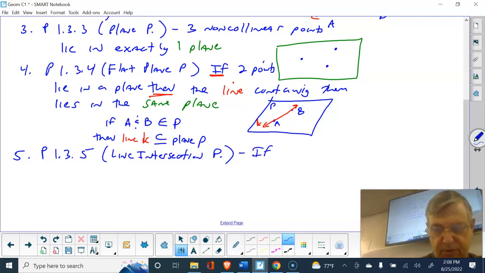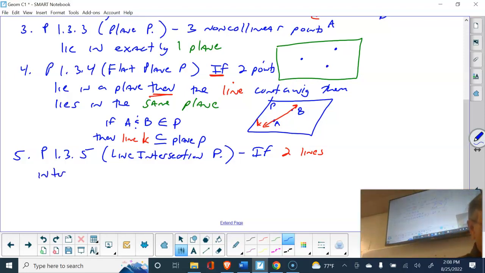If, and then I'm going to go to red, two lines. Go back to blue for a few words. Intersect. So the name goes along with what's happening, right?